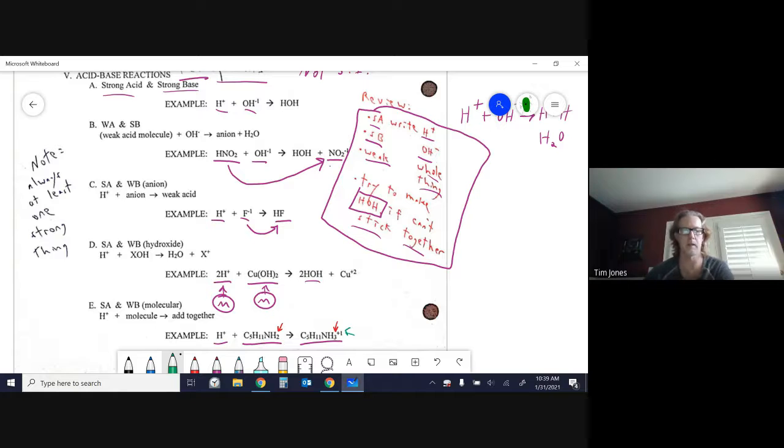Now, something you might have noticed is that in every single one of these cases, I had a single arrow. There are two reasons for this. First, we're doing net equations, and the point of a net equation is to show what is happening right now. The next is, notice in every one of these cases, I had at least one strong species.